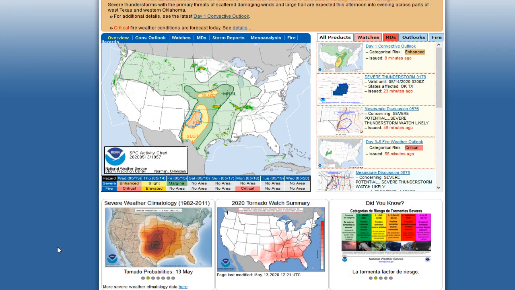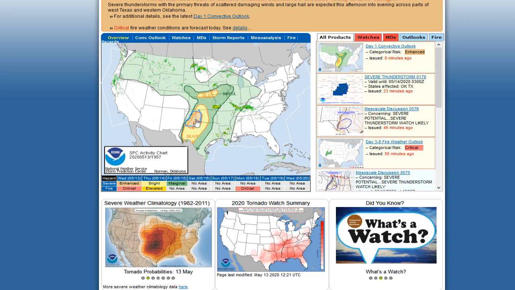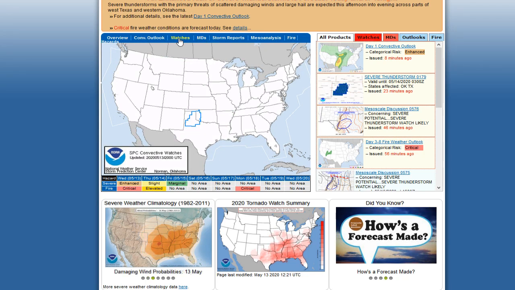And then we look at SPC. Enhanced area, pretty much right ahead of that cluster of storms we're expecting later on. Got a mesoscale discussion up and a severe watch.